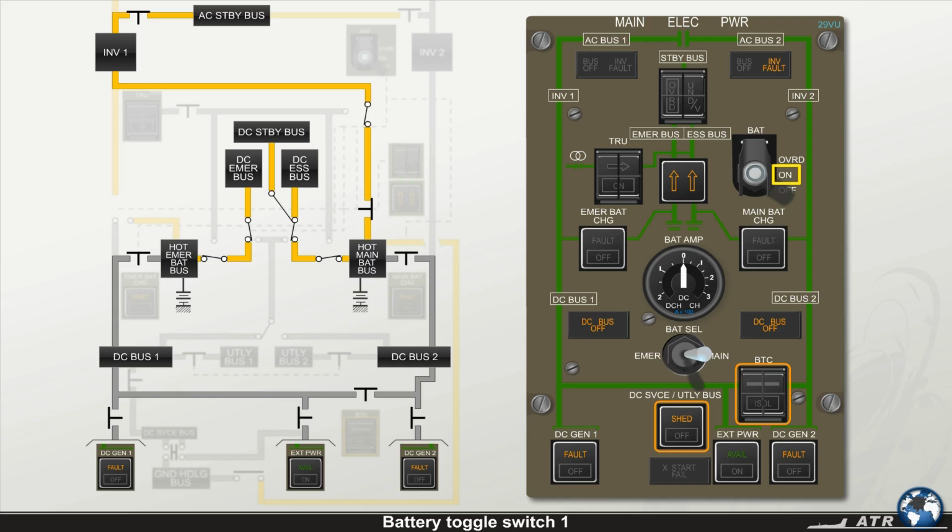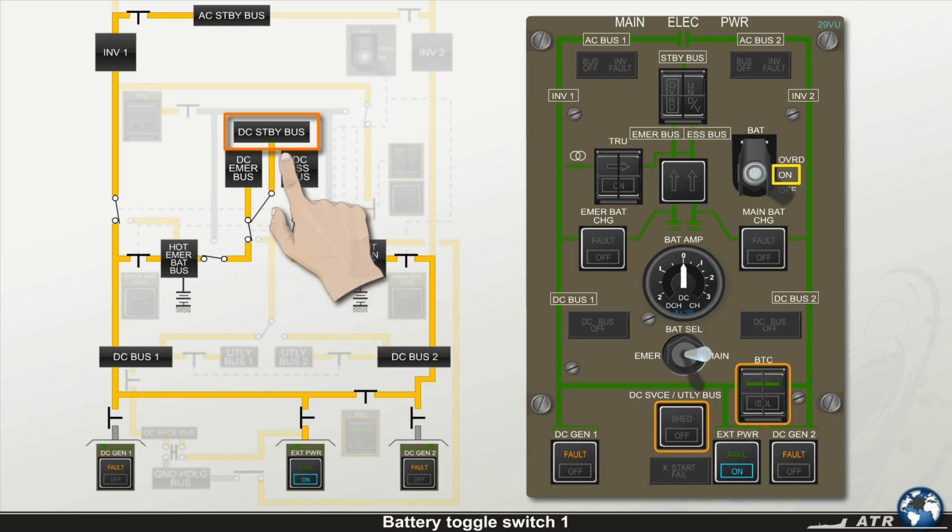The situation changes if at least one DC generator or the ground power unit provides electrical power, and the respective controls are set in their normal positions. In this case, the DC standby bus is automatically transferred and powered by the hot emergency battery bus.